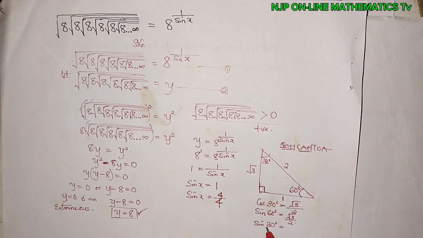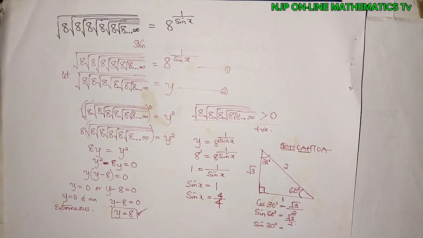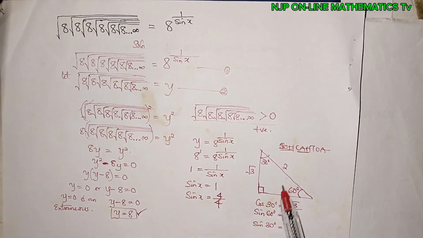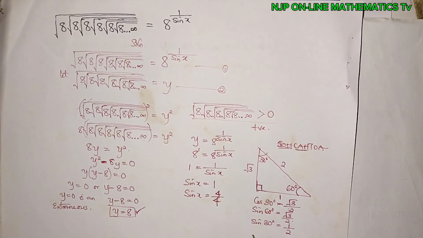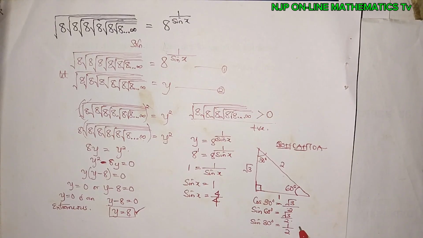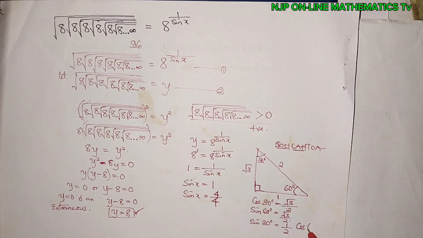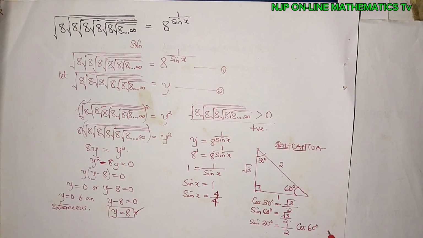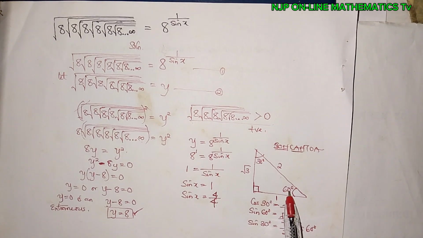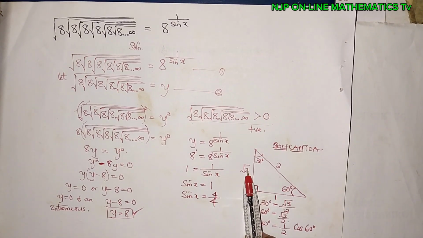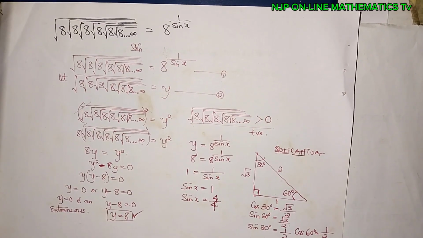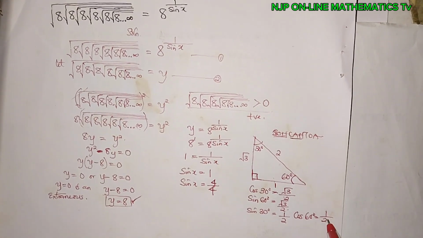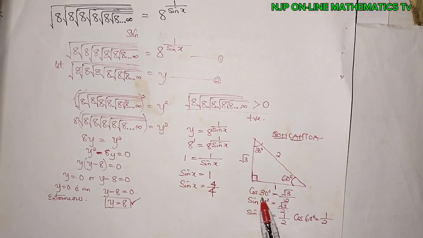Sine 30 degrees is opposite over hypotenuse, which is 1 divided by 2. And cos 60 degrees is adjacent over hypotenuse, which is 1 divided by 2. So cos 30 equals root 3 divided by 2.